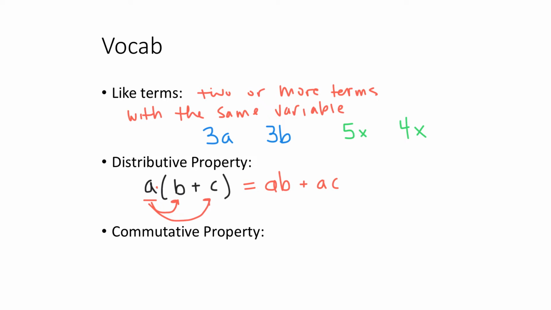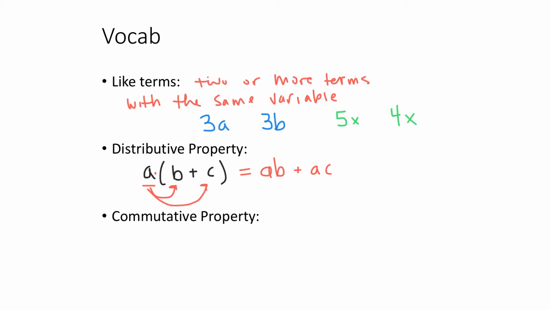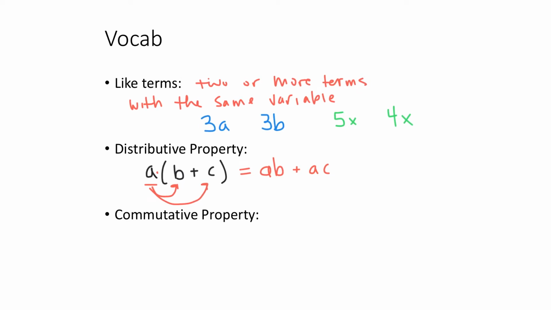Now, the commutative property, which is something that you were also taught before this class, tells you that you can add in any order. This is going to be helpful to us because we can start shuffling things around and moving things. If you really think about this, these two things are terms, so you can swap entire terms.